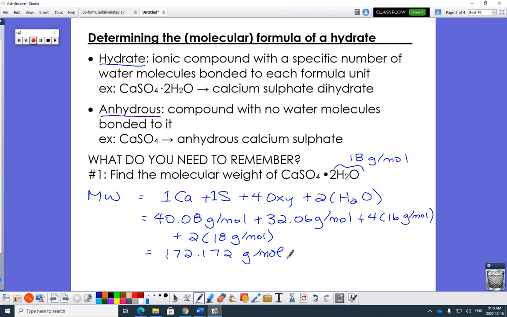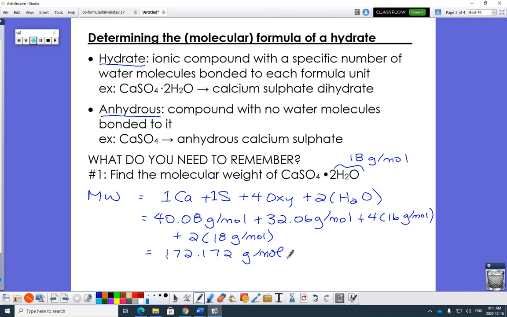You can also find the percent composition that is water, or sometimes it's called mass percent of water. So you would have to do this just like you would with normal percent composition, and then put the water on top instead of an element by itself. So this is just a little bit different.